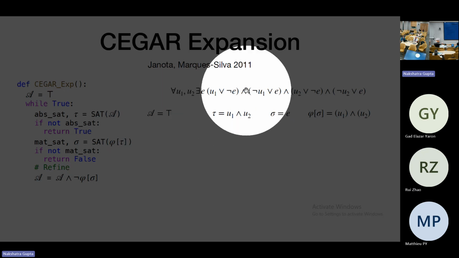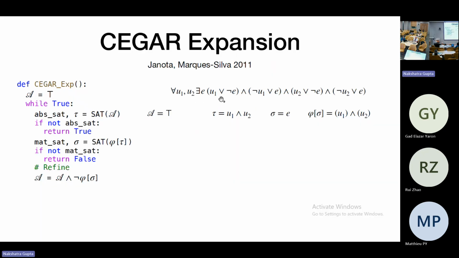What's left is, I think, the first clause vanishes and the third clause vanishes. And then we just end up with E. So by playing E true, the existential player is able to respond.